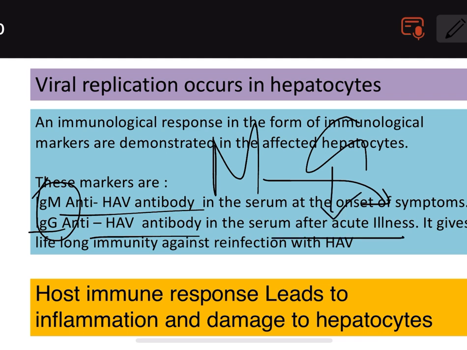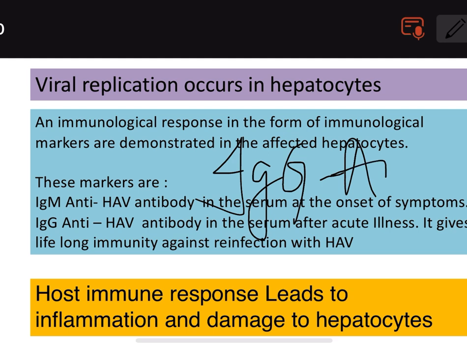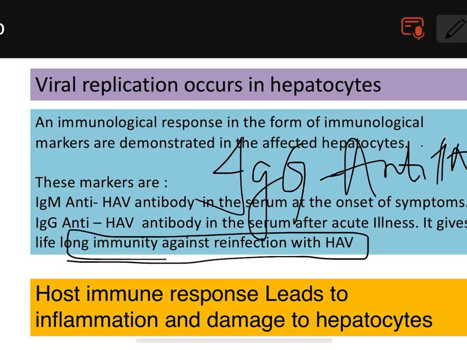It gives lifelong immunity against reinfection with HAV. It shows that a previous infection has occurred. If a person's test shows IgG anti-HAV, it indicates that the person has had a previous infection with HAV.